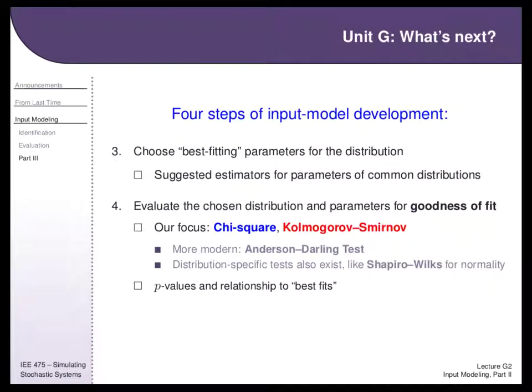This Thursday, we're going to go into the more quantitative. How do I pick the best parameter? And then once I've picked it, how do I evaluate goodness of fit? We're going to revisit chi-squared and the KS test, but I'm also going to introduce you to Anderson-Darling and Shapiro-Wilk, and we'll talk about p-values.